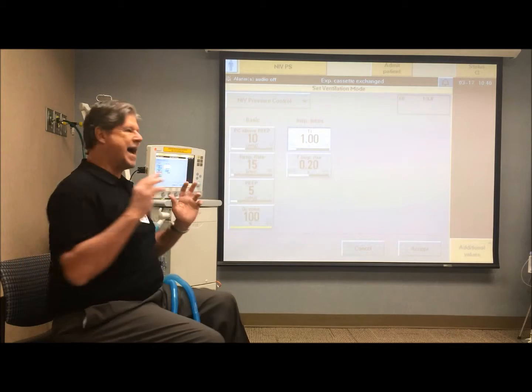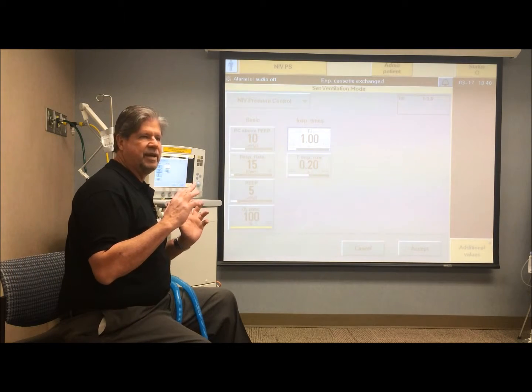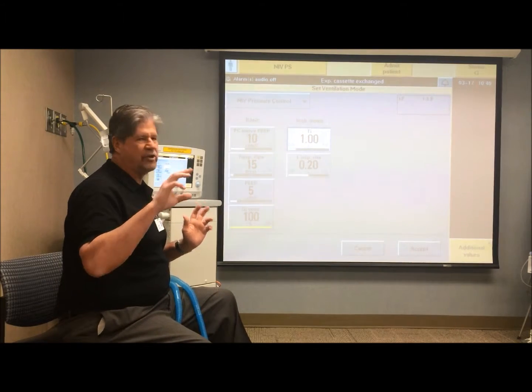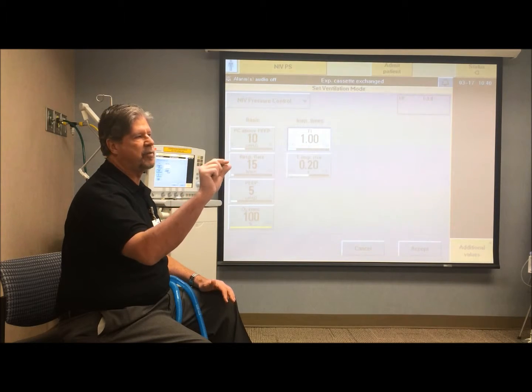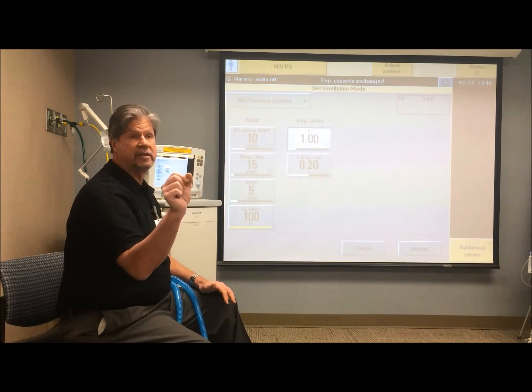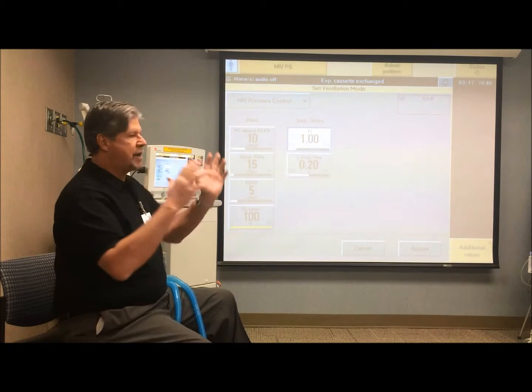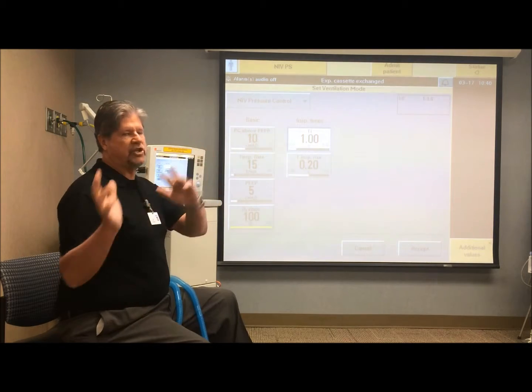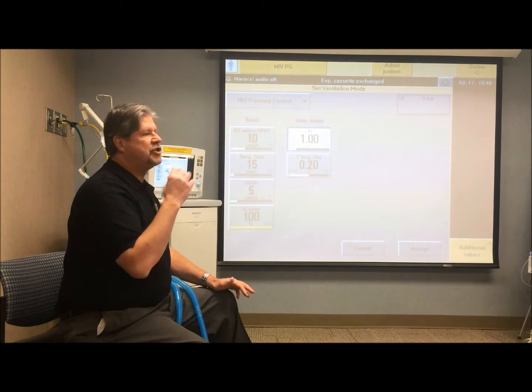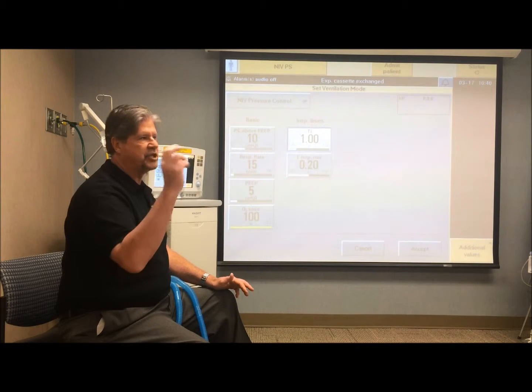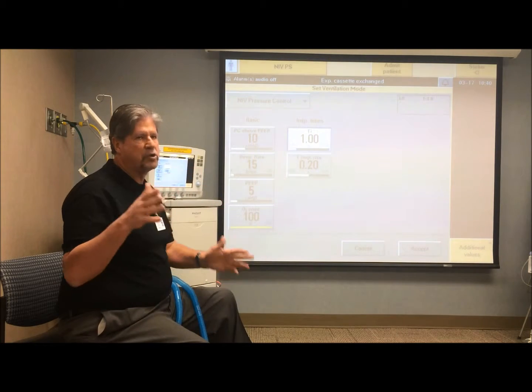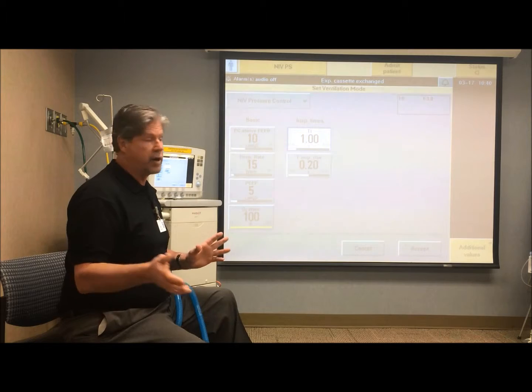Then when they moved him back to a different position, then it would be slightly harder for him to trigger, so then you'd have to turn the trigger back to a more sensitive setting. So what I'm describing to you is a dynamic change in terms of leakage where you're constantly having to adjust the trigger to try to keep them at the most sensitive but not auto-cycling point.